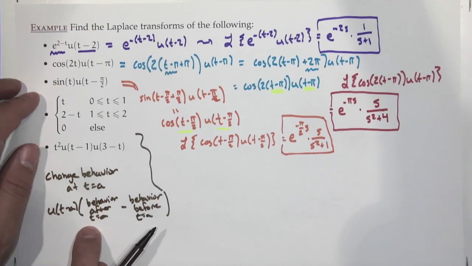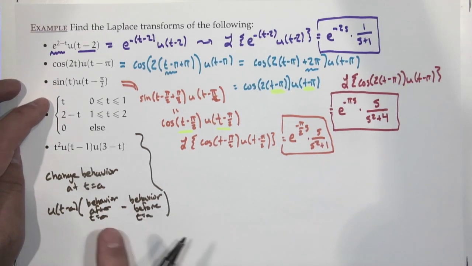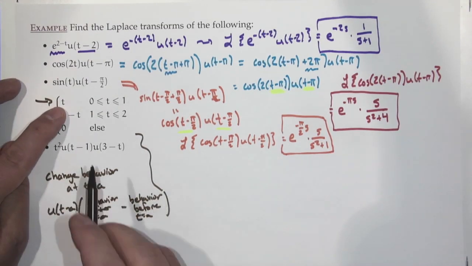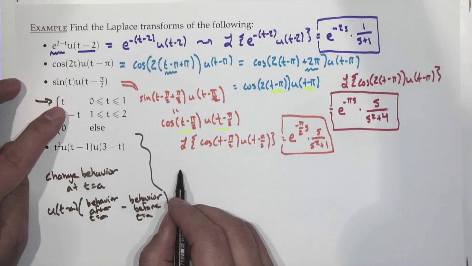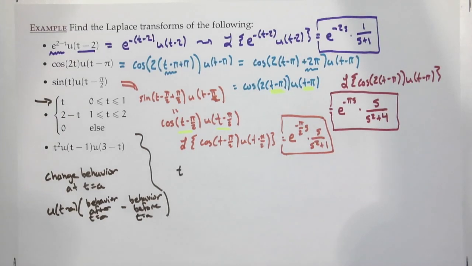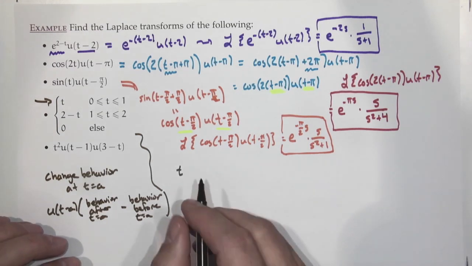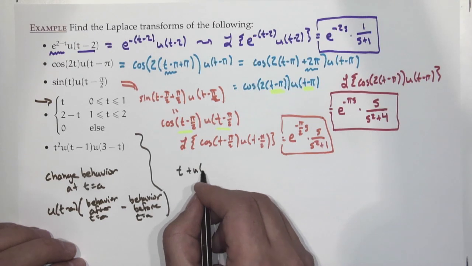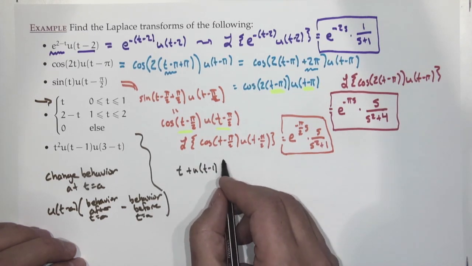All right, so this function, let's rewrite it using our unit step functions. What's our initial behavior? It's t, because we care where we start. So our initial behavior is t, because we only care about what happens above 0. All right, where is our first switch going to happen? At 1. Okay, so we're going to have u of t minus 1.